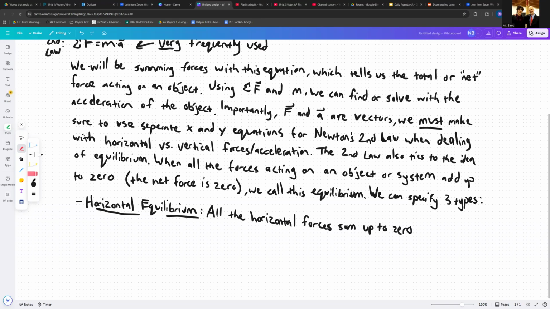And when that's the case, this means that the object, or it could be a system, so sometimes we'll run into a system of objects where that's relevant, has zero acceleration in the x direction.